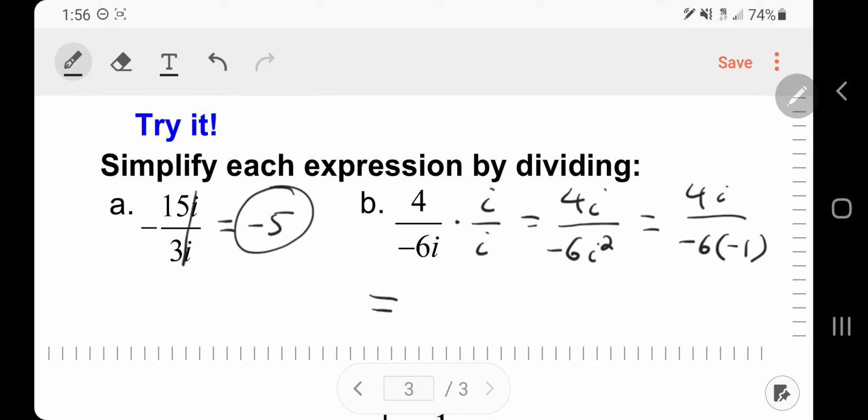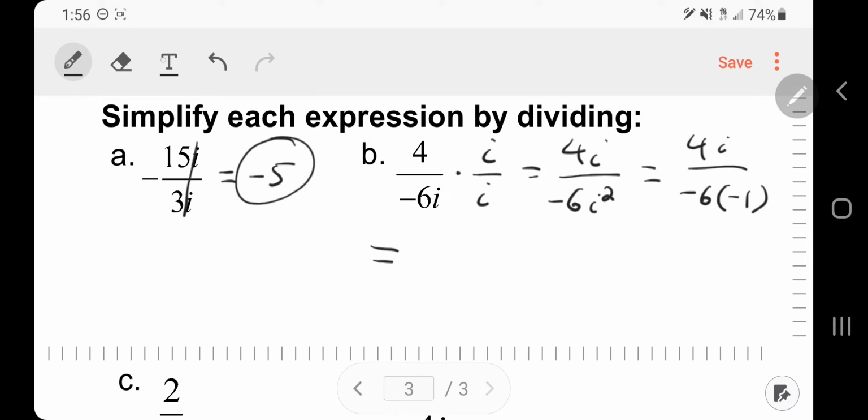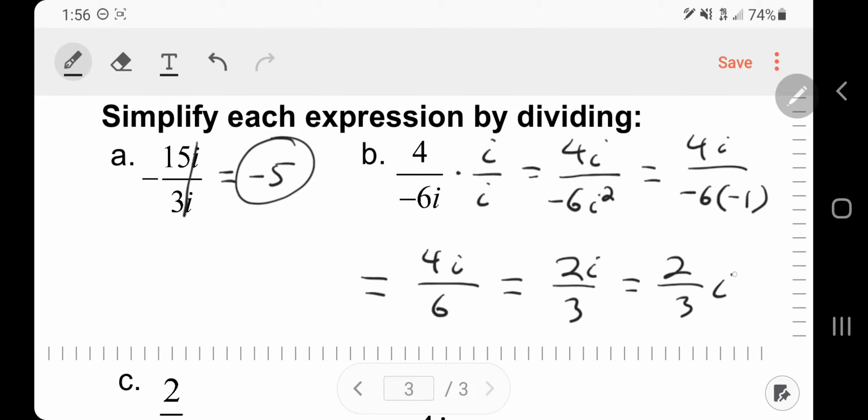Okay, I'm going to move our answer over here, give us a little bit more space to work with this. Okay, so now we have 4i over positive 6. And now we reduce our fraction, or divide the coefficients, so 4 over 6 is going to be 2/3, and again, our i in the numerator. You could also write it like this as well, with the i next to it. That's also possible. Those are the same thing.